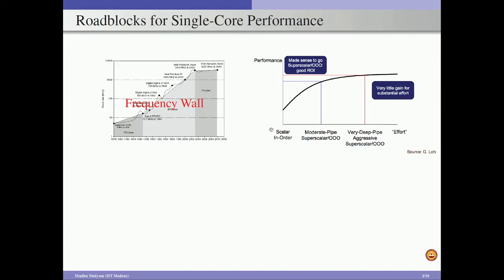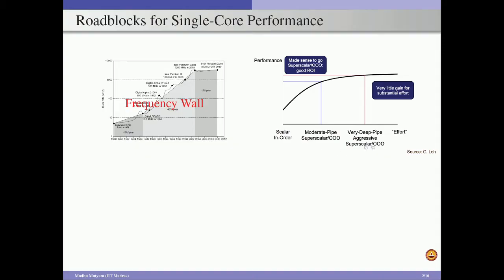As we move from the scalar in-order processor all the way up to the very deep pipeline superscalar processor, the amount of effort we put in increases significantly. Also, to support these aggressive superscalar mechanisms, out of order execution and deeper pipelines, our hardware is going to take more area and other resources.